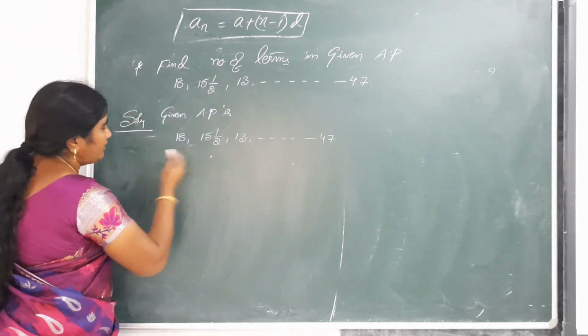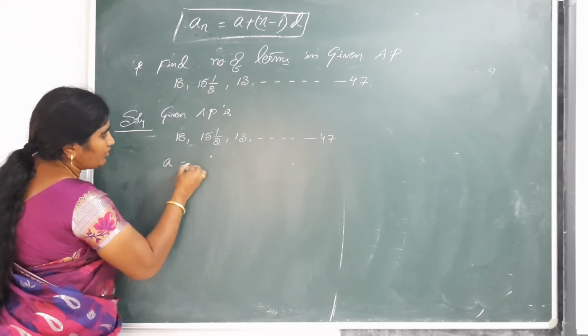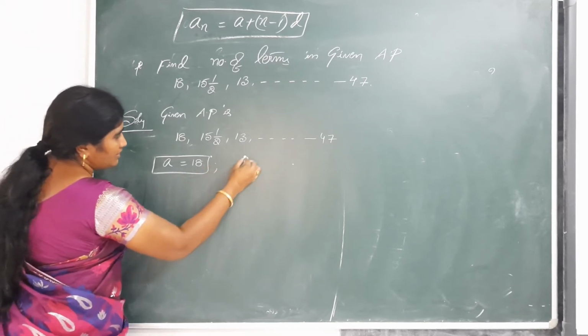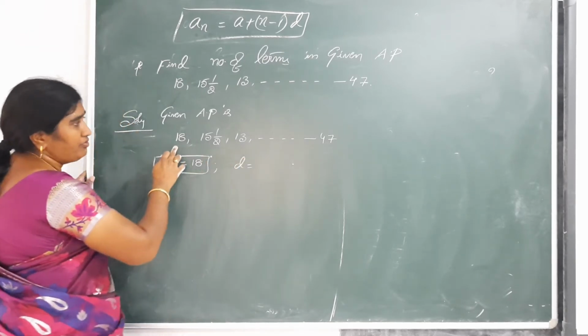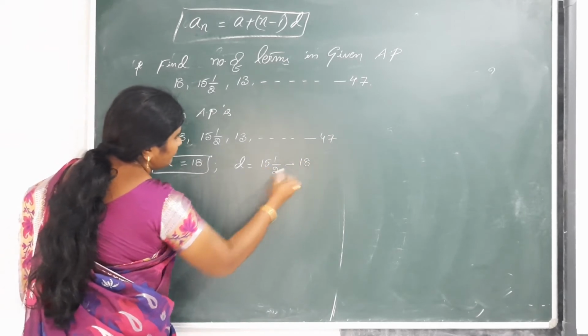First we have to write the first term and the common difference. Here the first term A equals 18. Next, D equals second term minus first term, 15 and 1 by 2 minus 18.